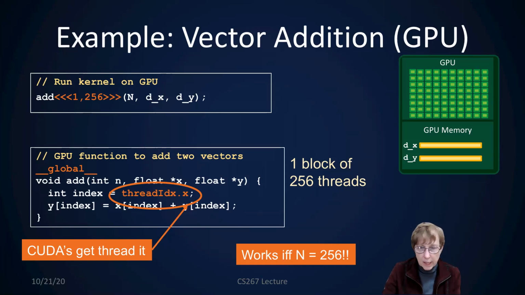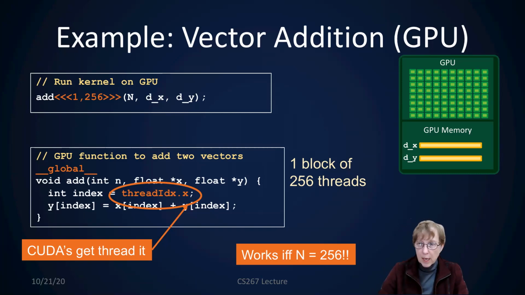This is like in OpenMP, or as you'll see in MPI, there's always a way of asking, what is my thread ID, or what is my processor ID? So if I'm a thread that's executing this add function, I can ask for my thread ID, and that'll be a number between 0 and 255. And I can then use that to index into the array. So I assign that to this variable index, and I use it to index both of the arrays, X and Y, on both the left and right hand sides.